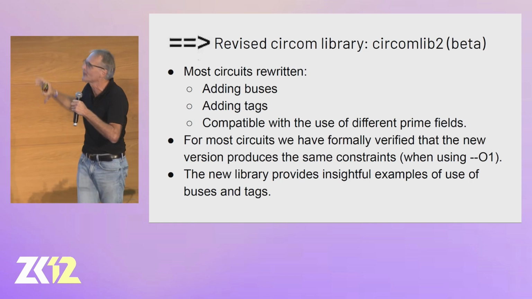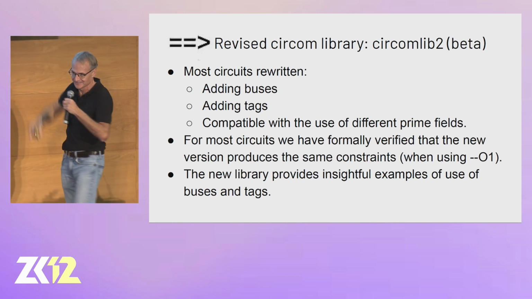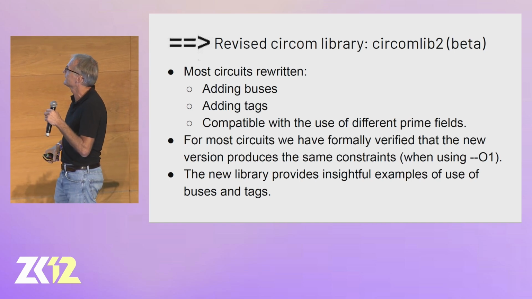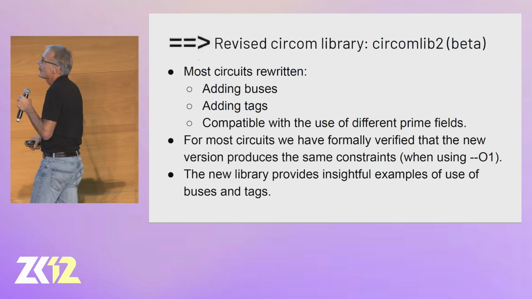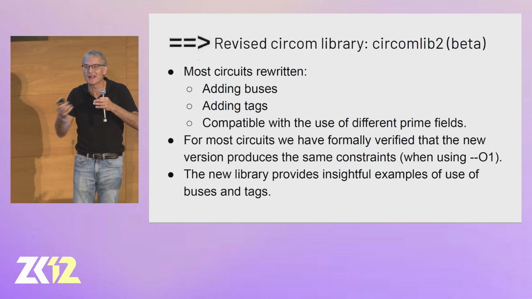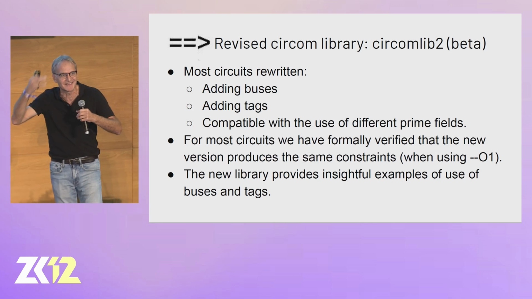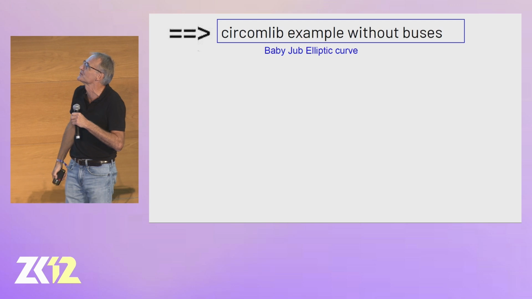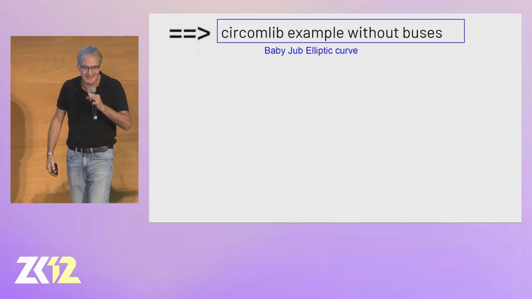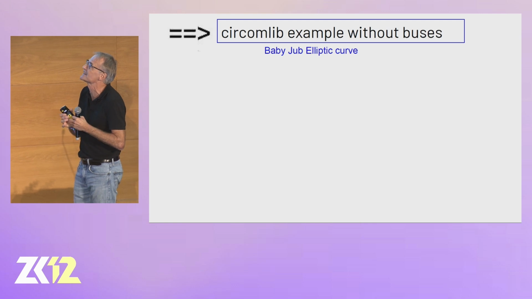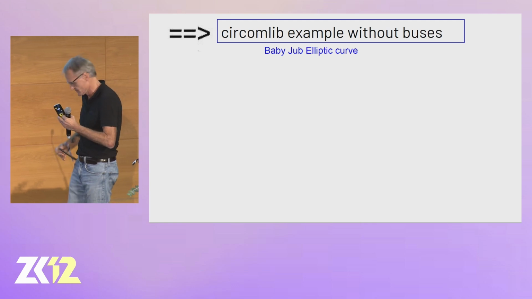Okay, so from now on, this is the default. Keep it in mind, because it's important. And of course, looking at the new circomlib will help to understand and get ideas about how to use and where to use this. So let's show a simple example of this use.